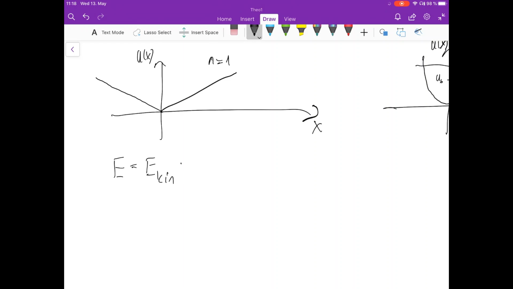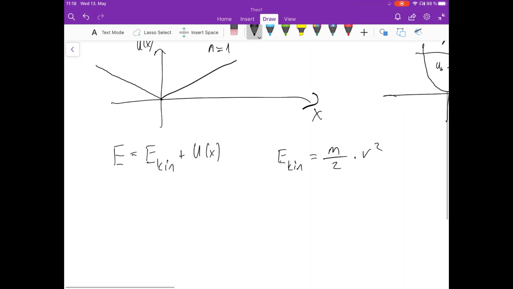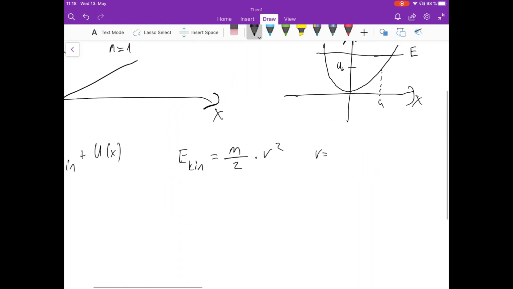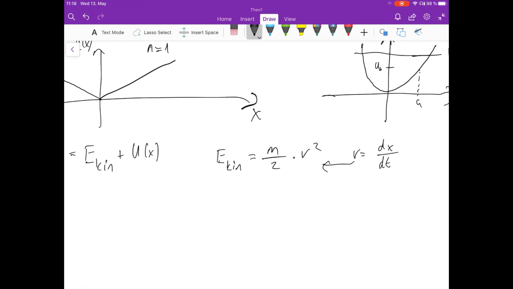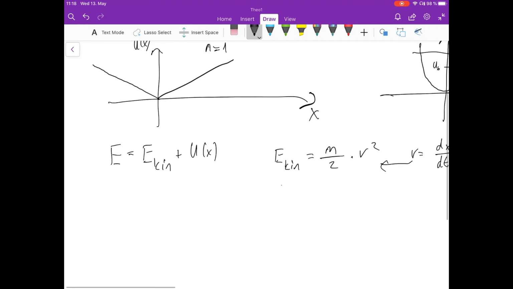Then E is going to be equal to the kinetic energy plus our potential energy at a point. We know that the kinetic energy is mass divided by 2 times the velocity squared. And the velocity I can write down as the derivative of x with respect to t.